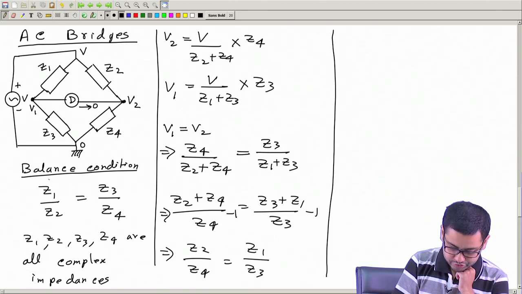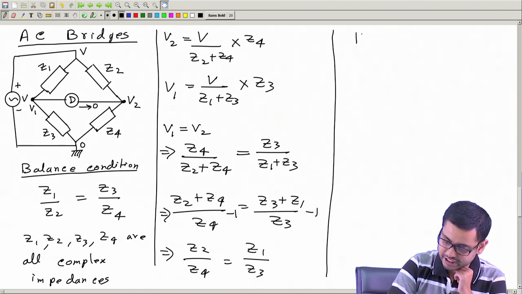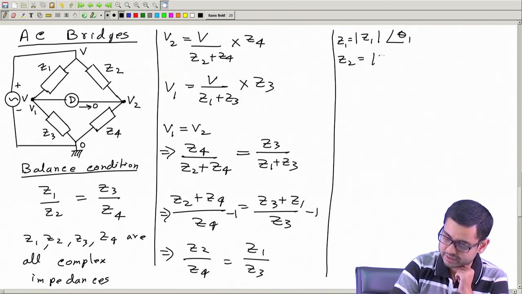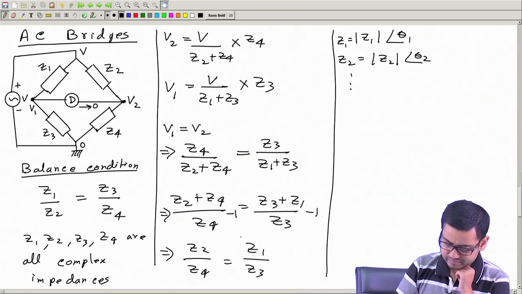this as, so if we write this Z1 as the magnitude with the angle theta 1. Similarly, Z2 equals its magnitude with angle theta 2. These are complex numbers, and so on Z3, Z4.